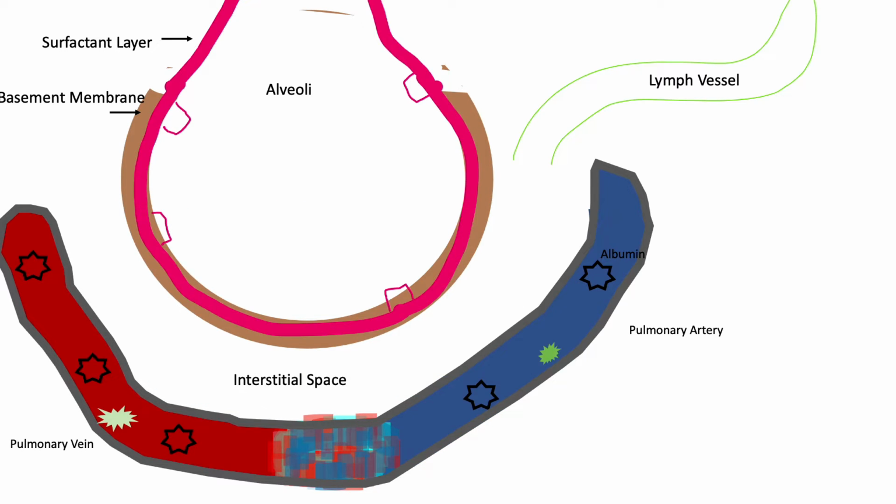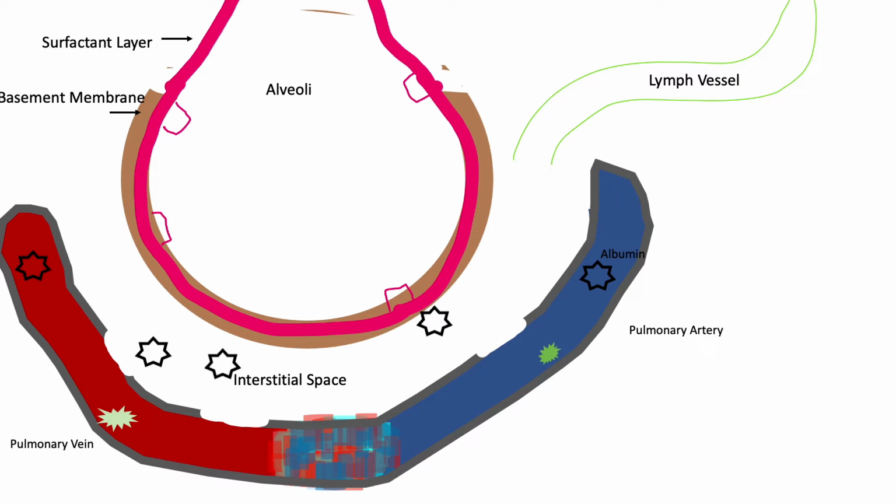Another cause of edema would be increased capillary permeability. We have increased capillary permeability from secondary inflammation. The inflammation can be from trauma, infection, or anything to cause inflammation. When this happens, the walls of the capillaries become more leaky. Therefore, they allow proteins now to leak out into our interstitial space.